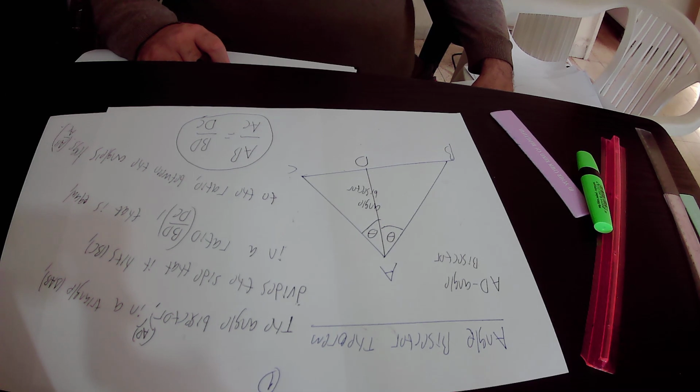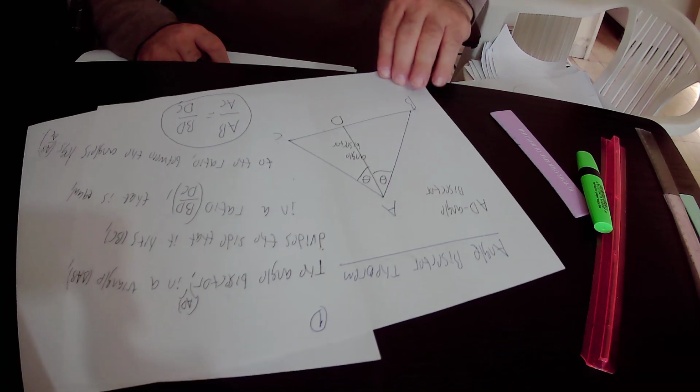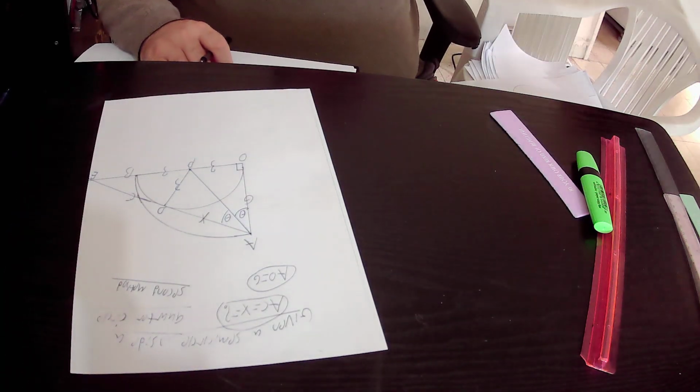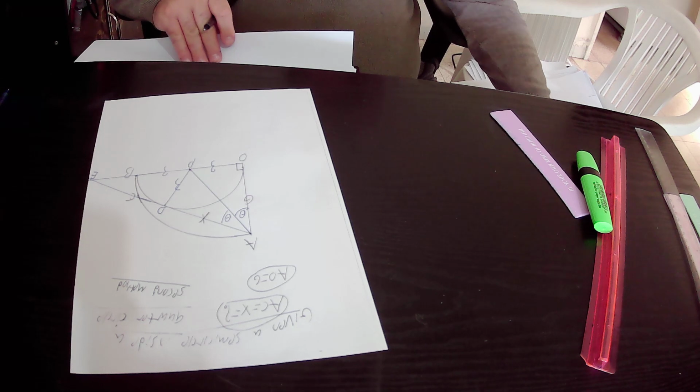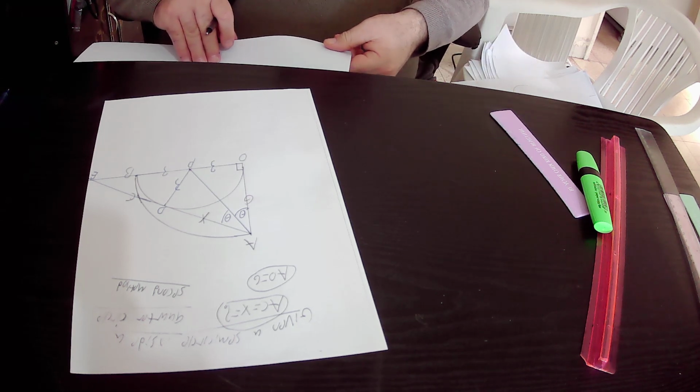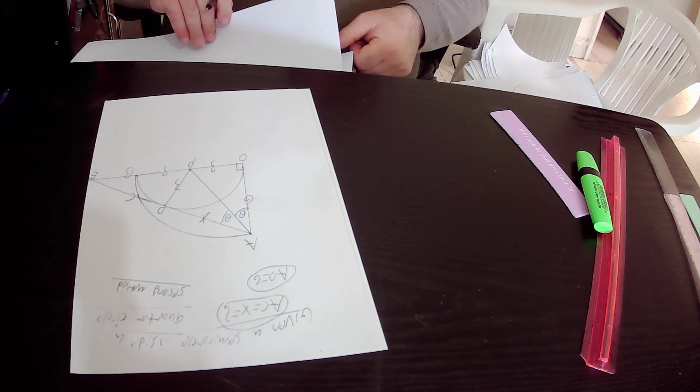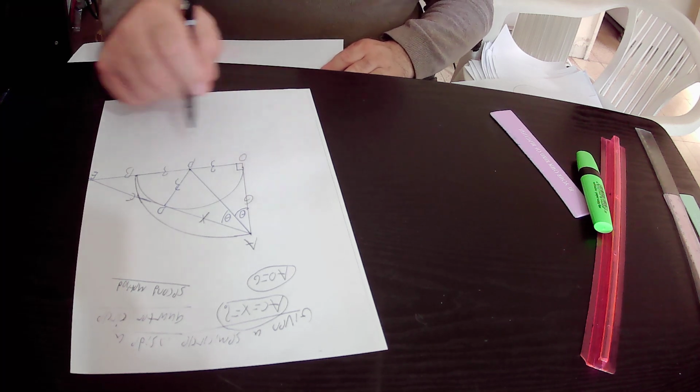Now we will implement the angle bisector theorem in our triangle, the right triangle AOE. So we copy the right triangle AOE in a new page, and we will implement the angle bisector theorem in this right triangle AOE.